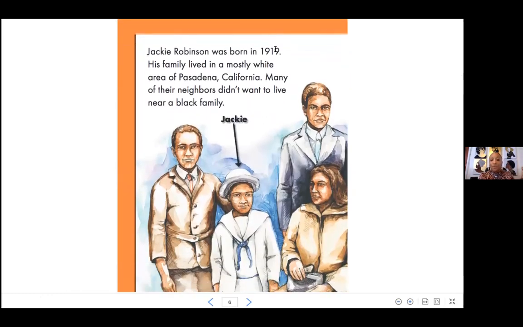Also, when you see dates in a story, that can bring up the idea of making a timeline. As your child is reading, you can encourage them to create graphic organizers, and there are many different graphic organizers that can be used, but one type is a timeline.